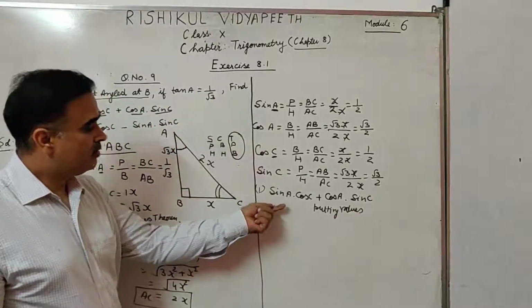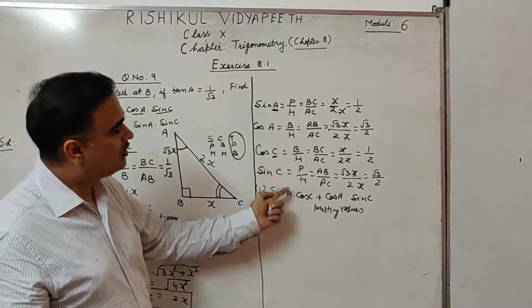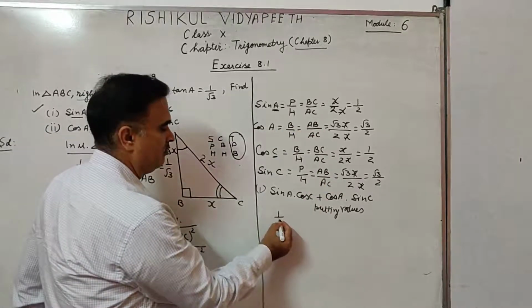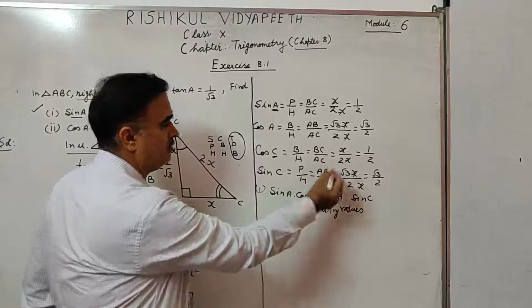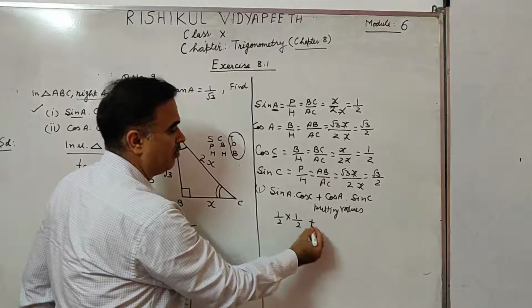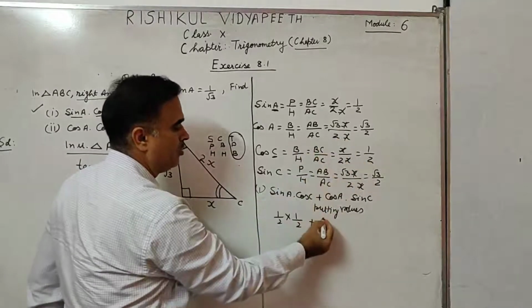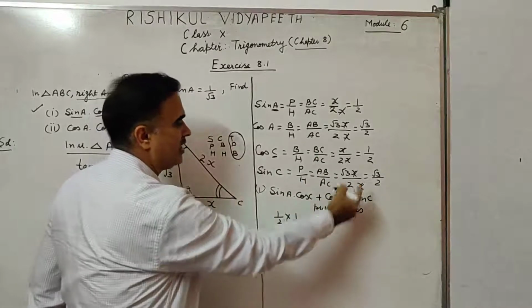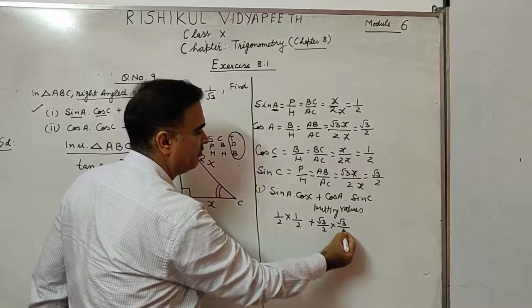See, my dear friends, you have to just put the values. We got these values. Sin A is 1 by 2 into cos C, that is 1 by 2, plus cos A, root 3 by 2, into sin C. Sin C is root 3 by 2.